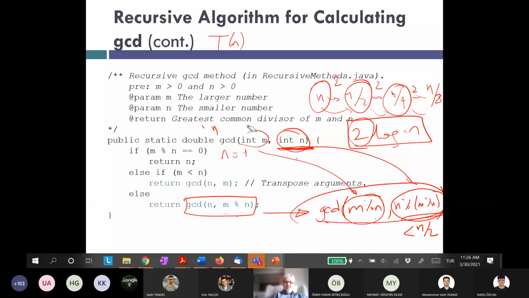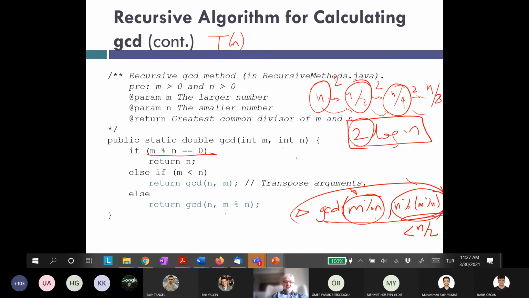And at each recursive call, what we perform is just the mod and check whether it is equal to 0 or not, and check whether m is less than n, a constant time operation. So we perform 2 log n constant time operations. Then the overall running time will be theta log n.